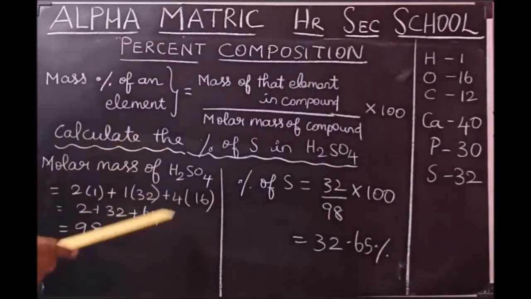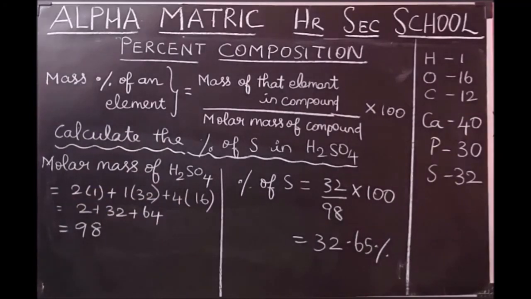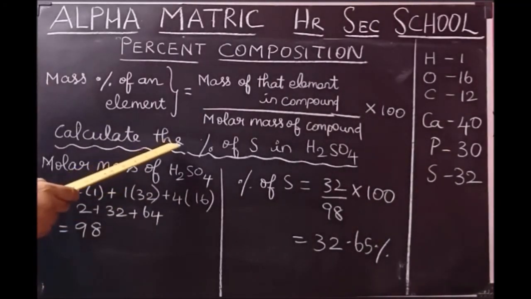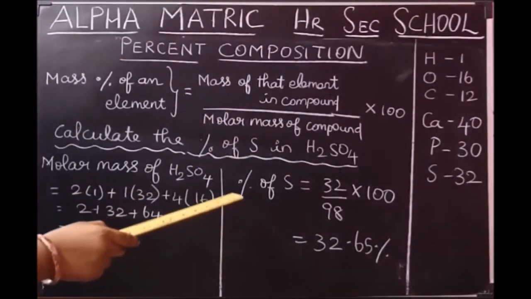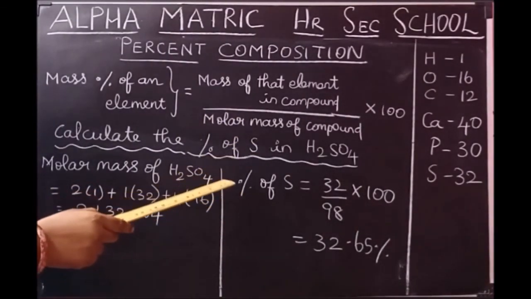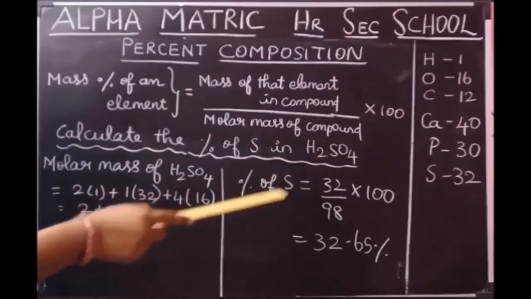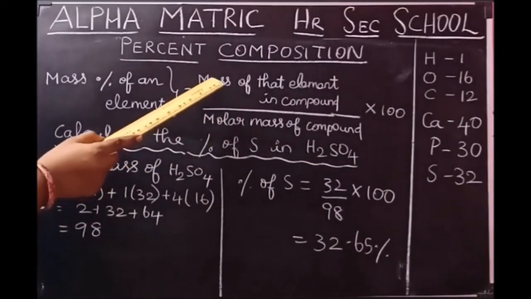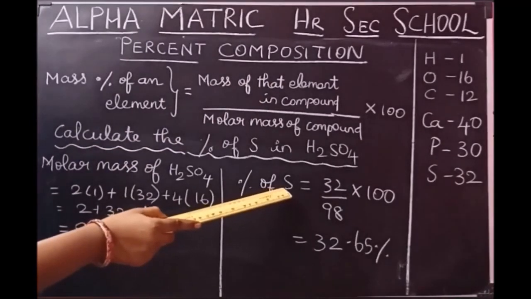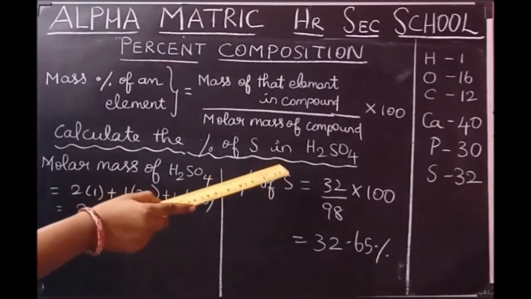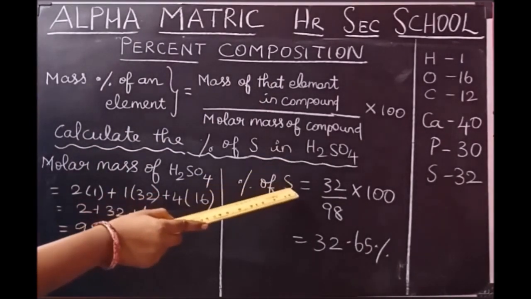First, we found the molar mass. Next, in the question, we are asked to calculate the percentage of sulfur only. So we are going to find the percent composition of sulfur in sulfuric acid. What is the formula? Mass of that element. Which element? Sulfur, because we are going to find the percentage composition of sulfur only.